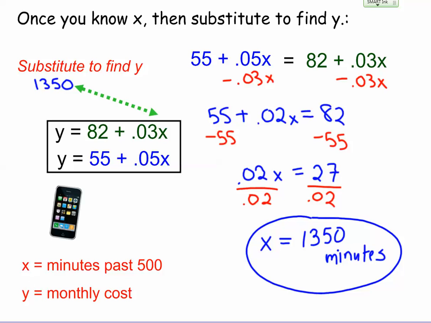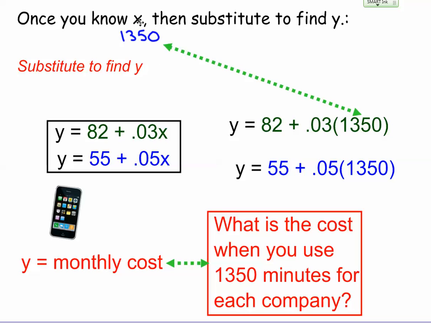But I don't know that cost yet. I have to finish it. That's only half of the system. So the way I find the other half is I know x is 1,350, so I'm going to take out x in the equation, and I'm going to put in 1,350. And I'm going to multiply that by 3/100 and add 82. And then I'm going to do the same thing to the other equation. Put in 1,350, multiply by 0.05, and add 55.